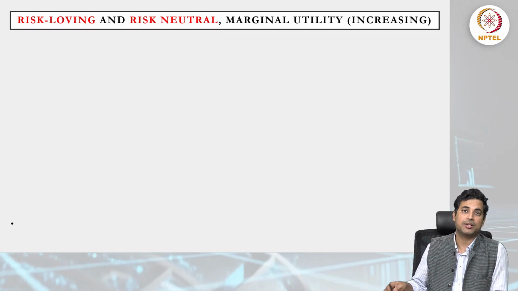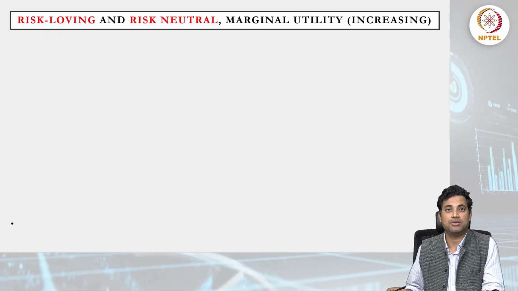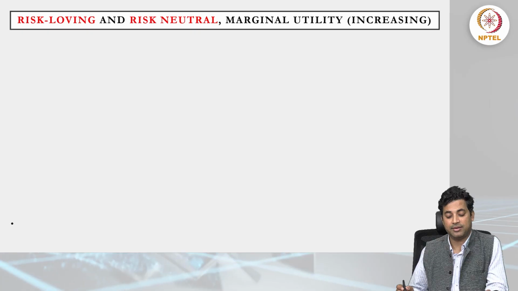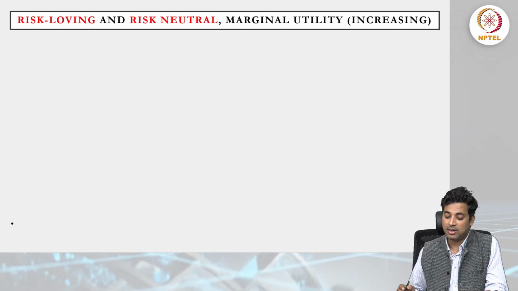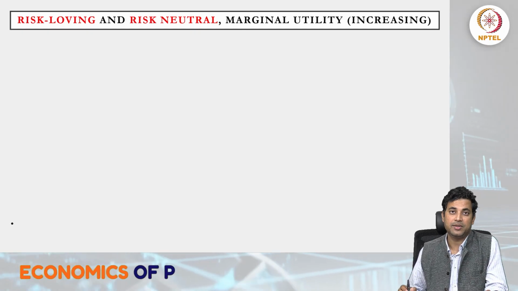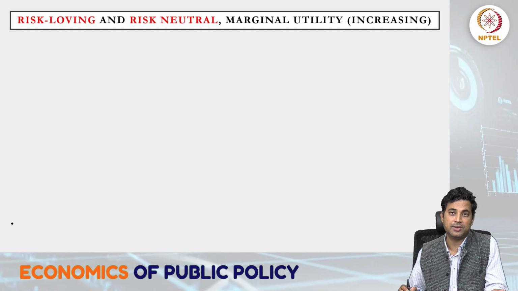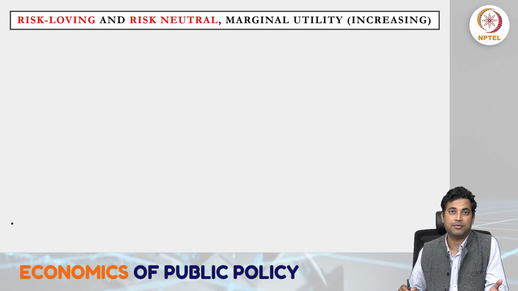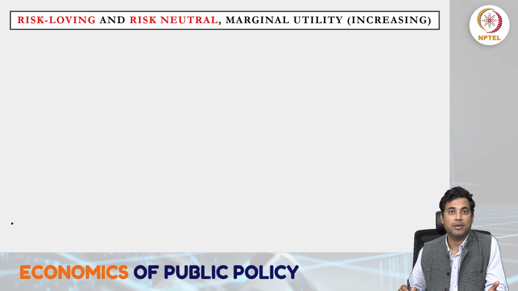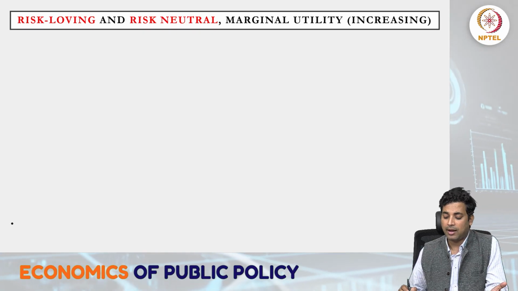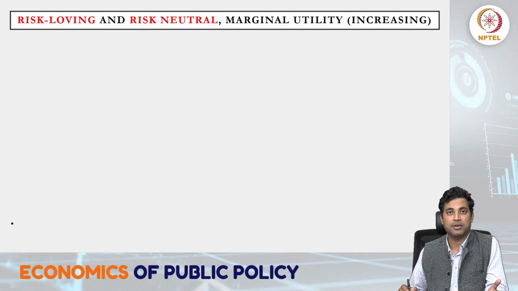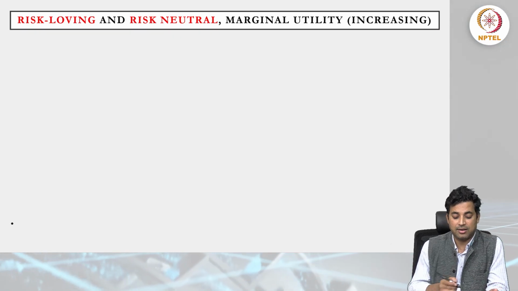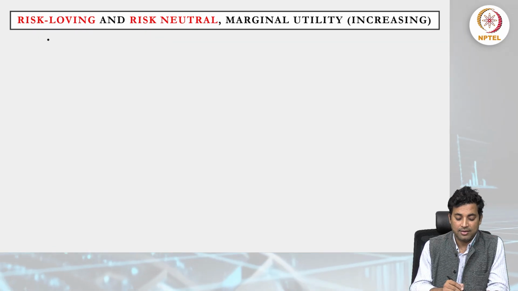I would like to highlight that the marginal utility curve is downward sloping in case of risk aversion, showing diminishing returns, and for further details you can check my previous lecture. But for risk loving, marginal utility is increasing. So how does it go? Let us check that.